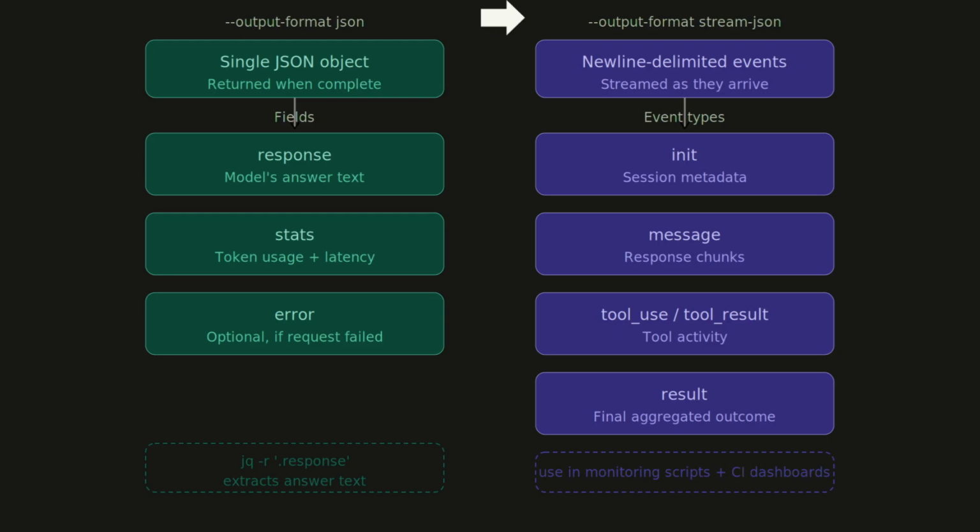Output format stream JSON returns newline-delimited JSON events as they arrive, with typed events: init for session metadata, message for response chunks, tool use and tool result for tool activity, and result for the final aggregated outcome. This is what you consume in a monitoring script or CI dashboard.